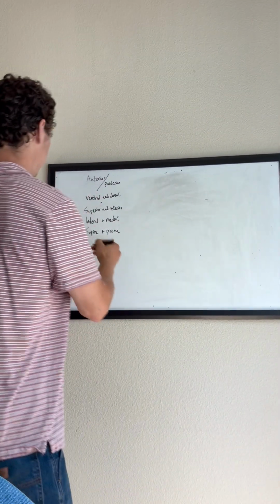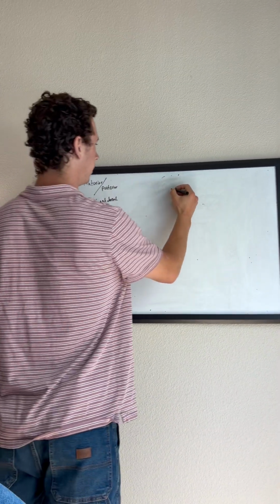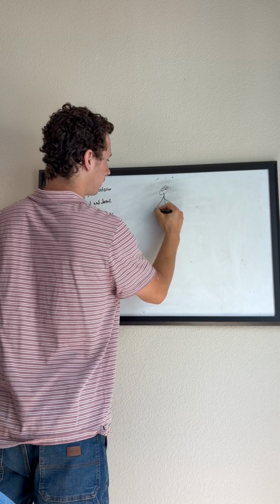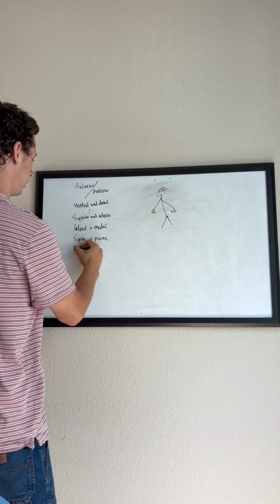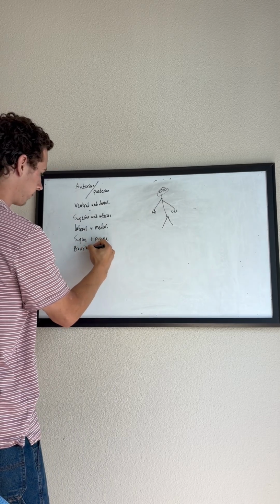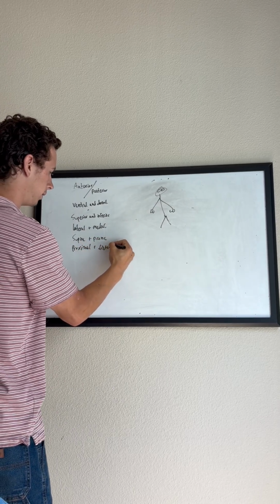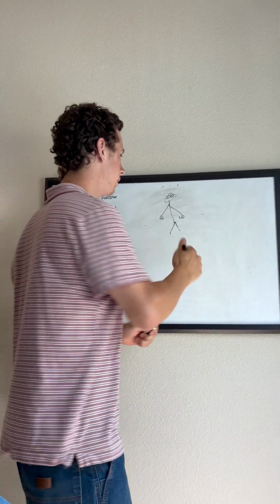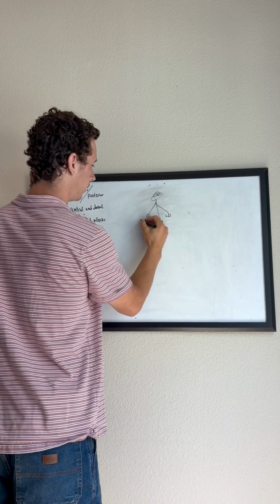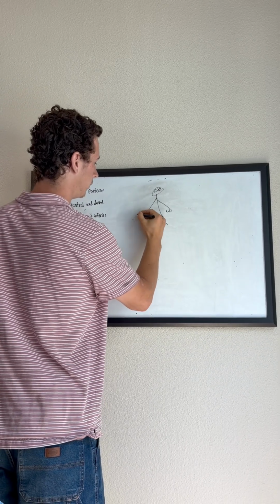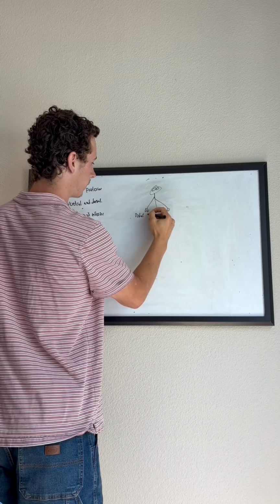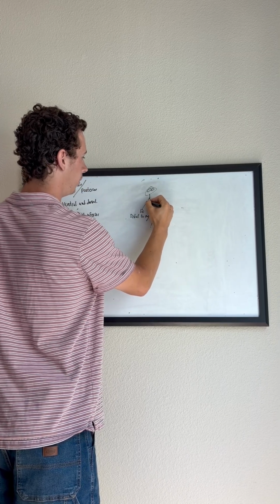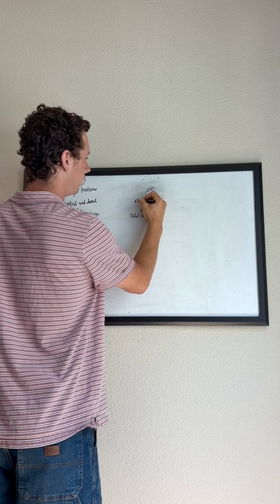Okay, now on the board, we have proximal and distal. My hands are distal to my elbow or my chest.